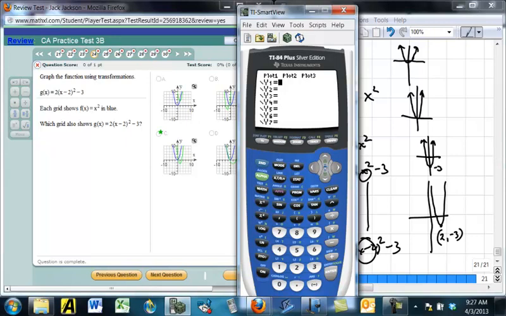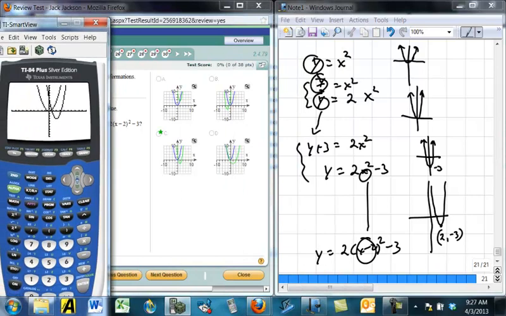So we might have done this one a lot faster by just saying y equals x squared, and then graph the new one, 2 times (x minus 2) squared minus 3. Graph those together. So there's the blue one, and the green one is there, and just see which one of those matches best, and that's C. So didn't have to really even think about it in terms of transformations if you didn't really want to.